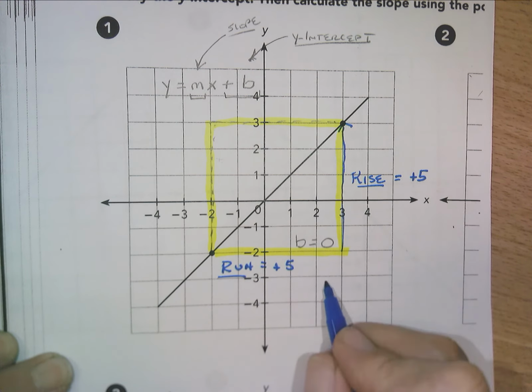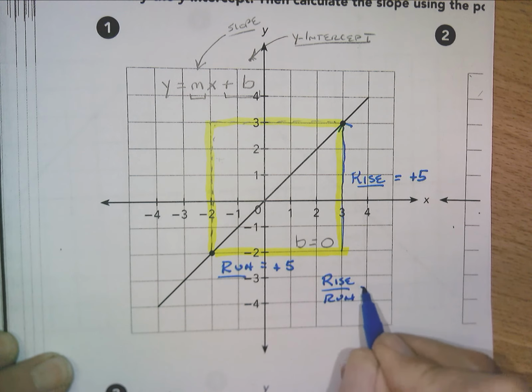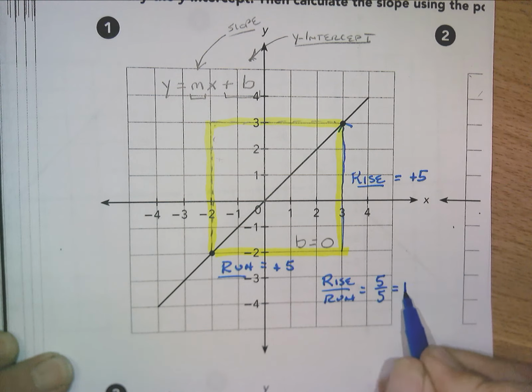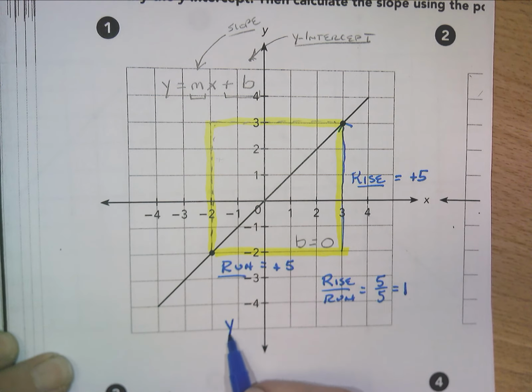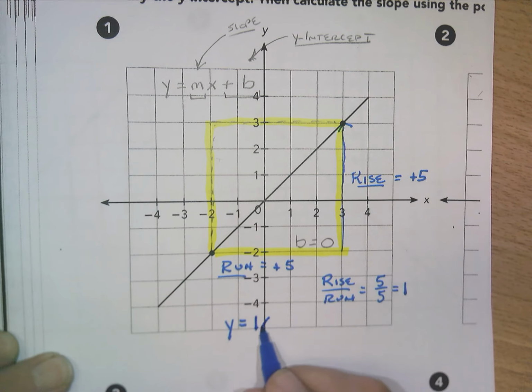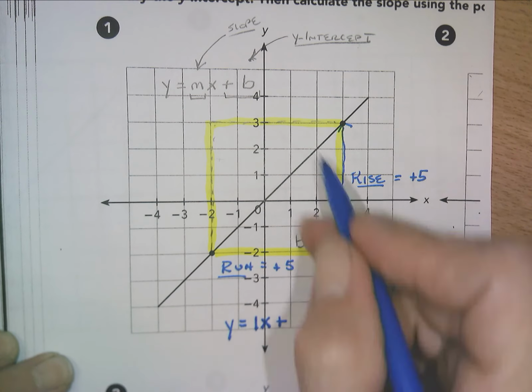So our rise over run is equal to 5 over 5, which gives us 1. So what we have in this case is y equals 1 is our slope, 1x plus our y-intercept, which is 0.